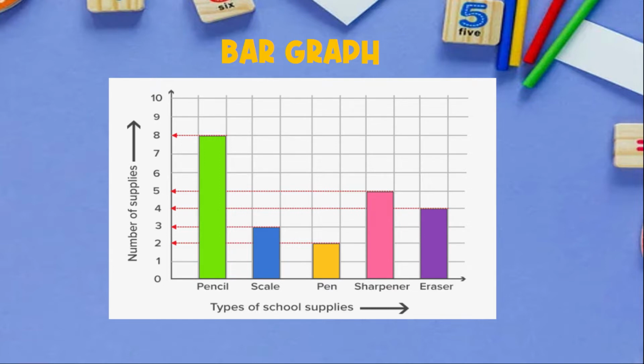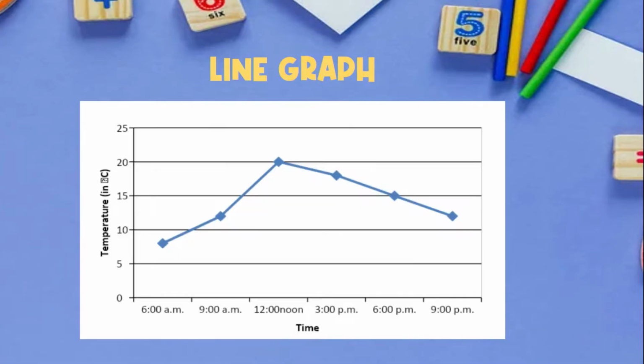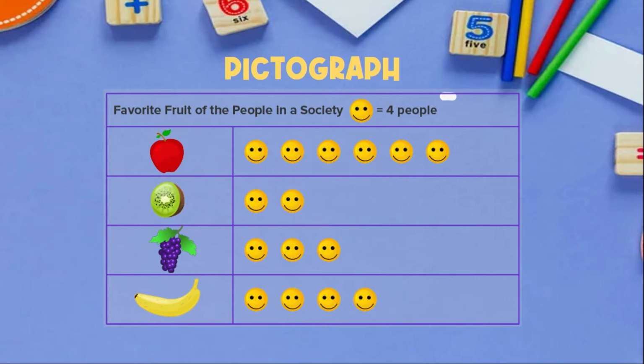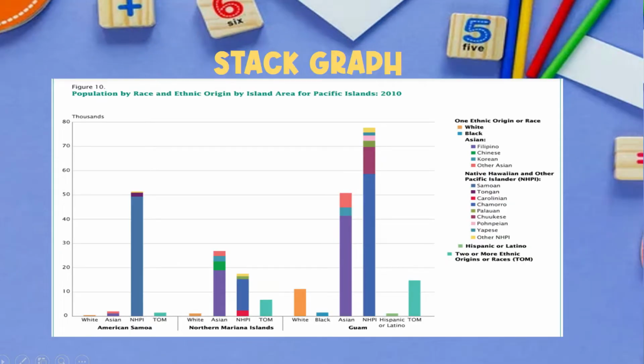There are also other types of graphs, such as the line graph, the pie or circle graph, and pictograph that are usually in colors. Let's examine these graphs, and compare and contrast the different U.S. territories in the Pacific. Now, what type of graph is this? That's right. This is known as a stack graph.